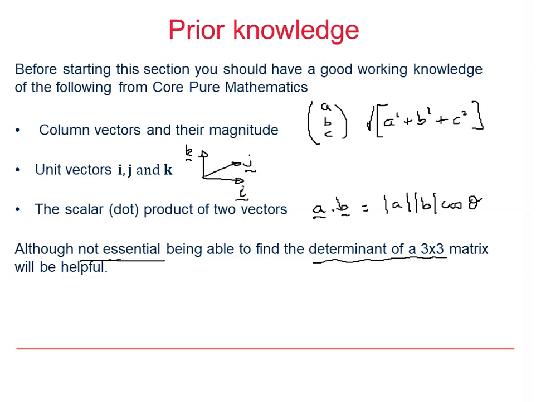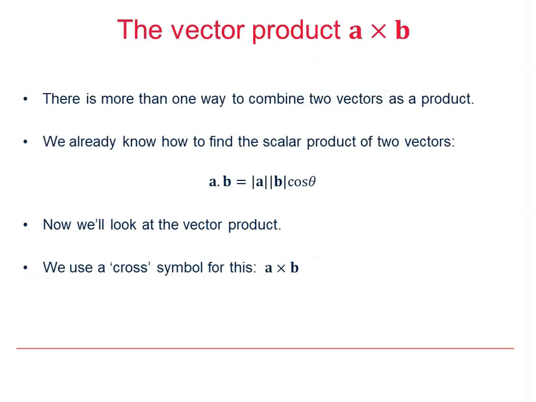That we will cover as we go through this set of videos, but hopefully you know the idea of a determinant and preferably can work out the determinant of a 3x3 matrix. If you haven't covered these ideas, I suggest that you wait until you have before you proceed with this set of videos. So anyway, assuming that you have covered those, let's move on.